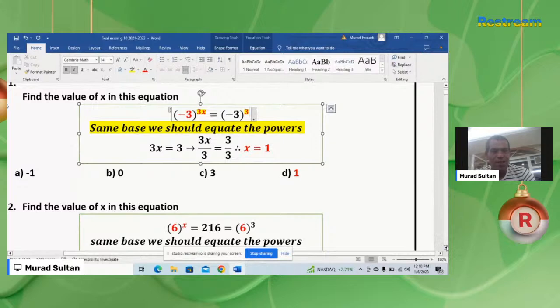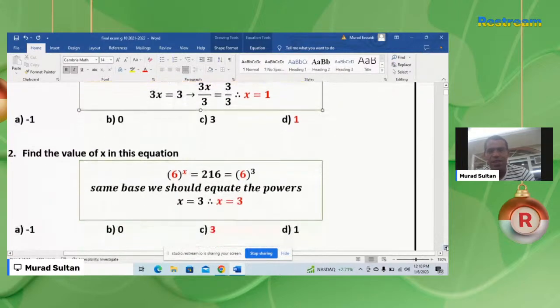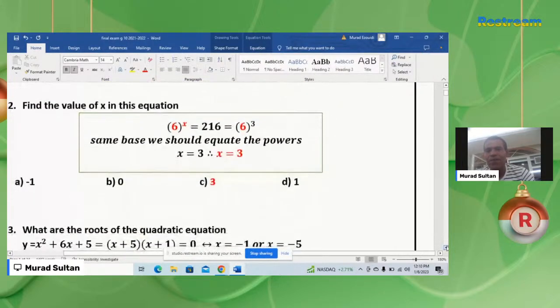Another example here, learners, looking for the value of x in these expressions. Here we have 6 to the power x equal to 216. Try to write 216 in terms of a single common factor of 216.